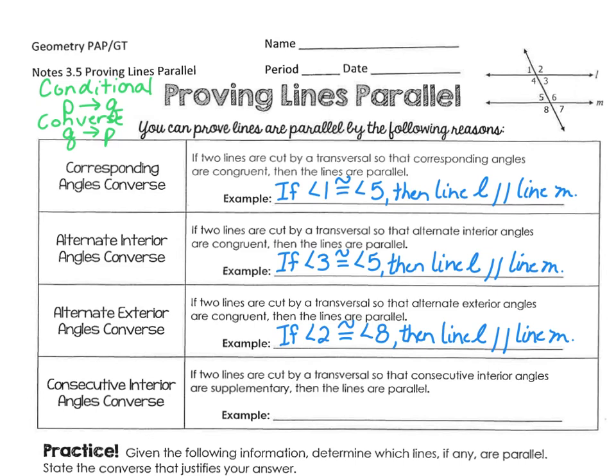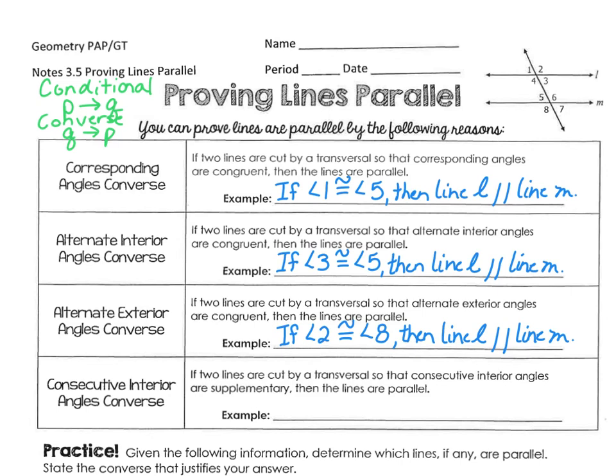And finally, we have our consecutive interior angles converse that says if two lines are cut by a transversal so that consecutive interior angles are supplementary, then the lines are parallel. So remember, it's the consecutive interior angles that must be supplementary.